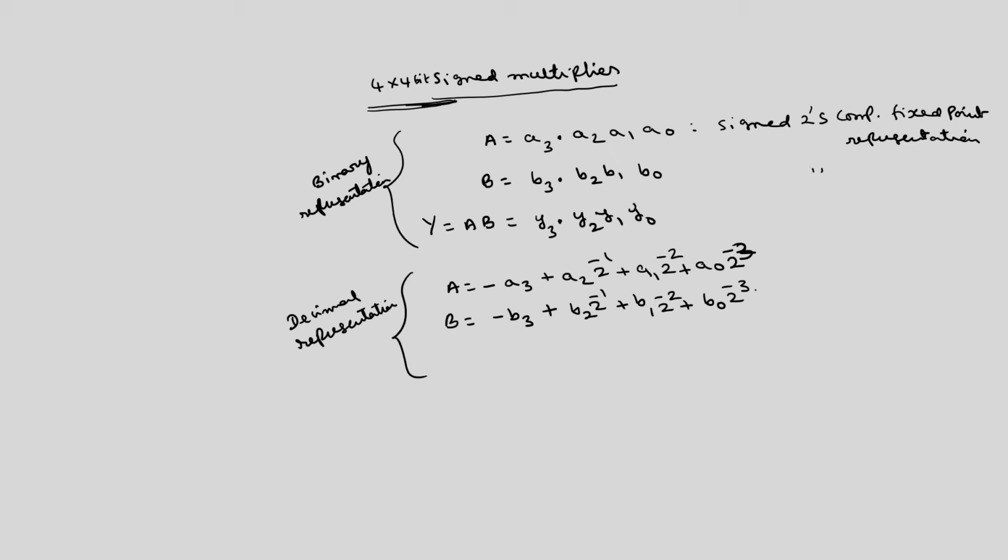So, if you want to perform AB, I will fix one number and represent the other number in the decimal form, and I will use a rule called Horner's rule. Okay. So, y is equal to A, which I will fix as it is, times B, which I will represent as minus B3 plus B2 2 raised to the power of minus 1 plus B1 2 raised to the power of minus 2 plus B0 2 raised to the power of minus 3.